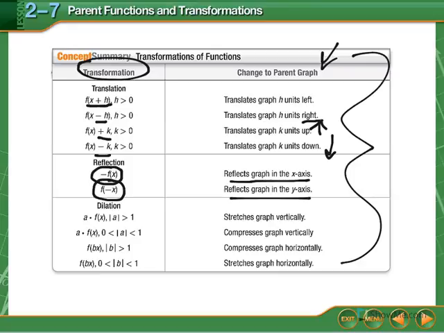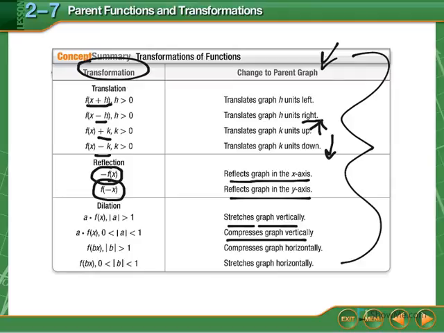And for your dilation, if you have a number being multiplied to your function and it happens to be greater than 1, so for instance like 3, it makes it 3 times as tall and it stretches your graph vertically. If the a value is like a fraction between 0 and 1, like 1/3 or 1/2, it compresses your graph vertically. It makes it half as tall, a third as tall, a fourth as tall, etc.